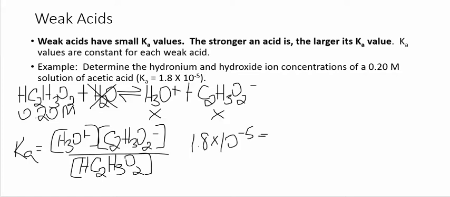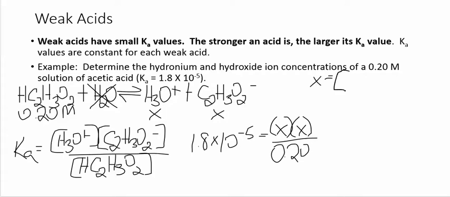Set that equal to H3O is X, acetate is X, divided by acetic acid, which is 0.2 molar. When we solve for X, that will tell us the hydronium, H3O, which comes out to 0.0019 molar.